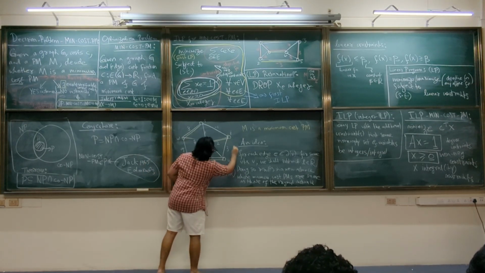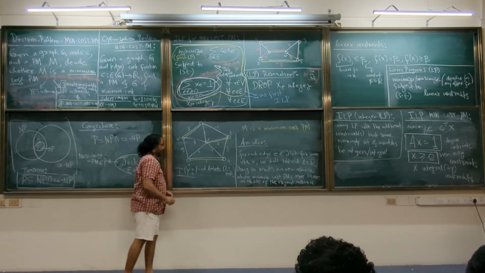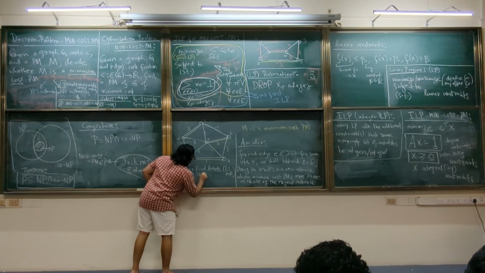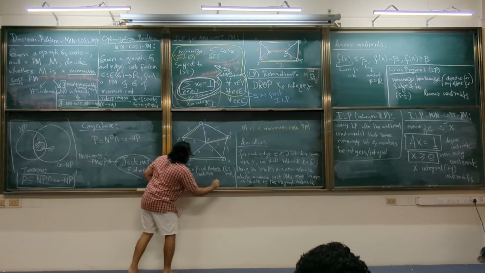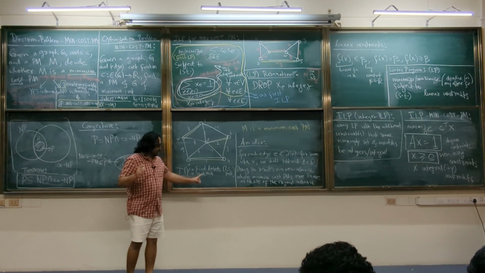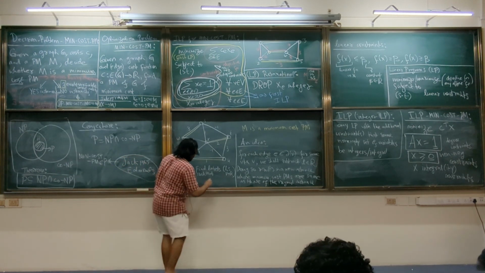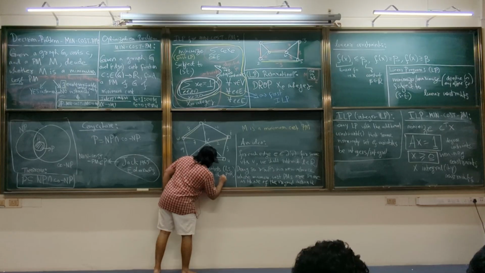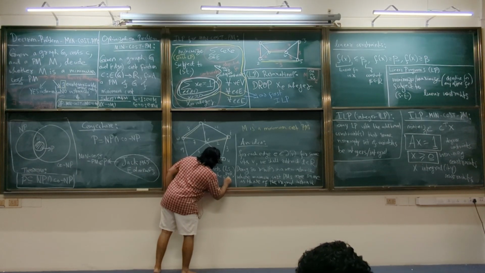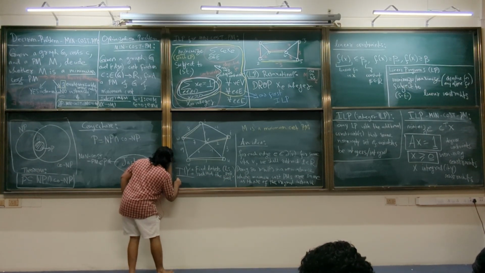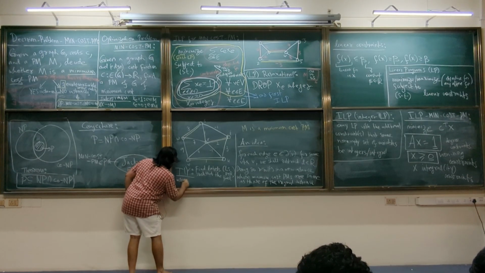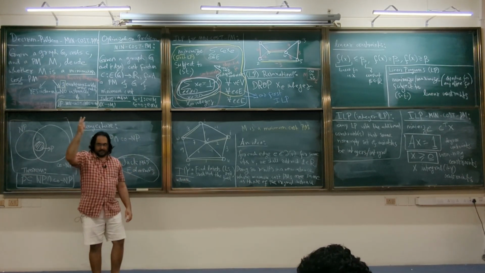Yeah? Such that the new instance, where you do this at every vertex according to the labels, the final instance, has two properties.